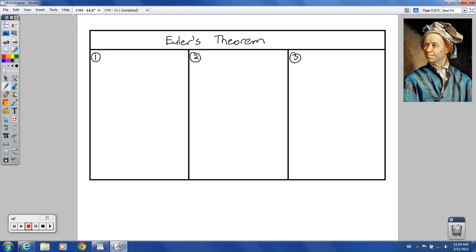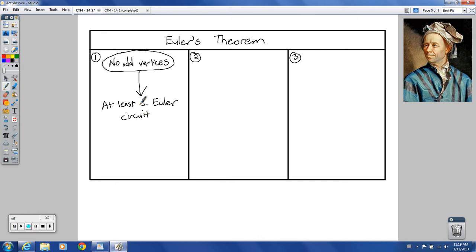It says, just like we saw here, if you had no odd vertices, that would imply that you have at least one Euler circuit.